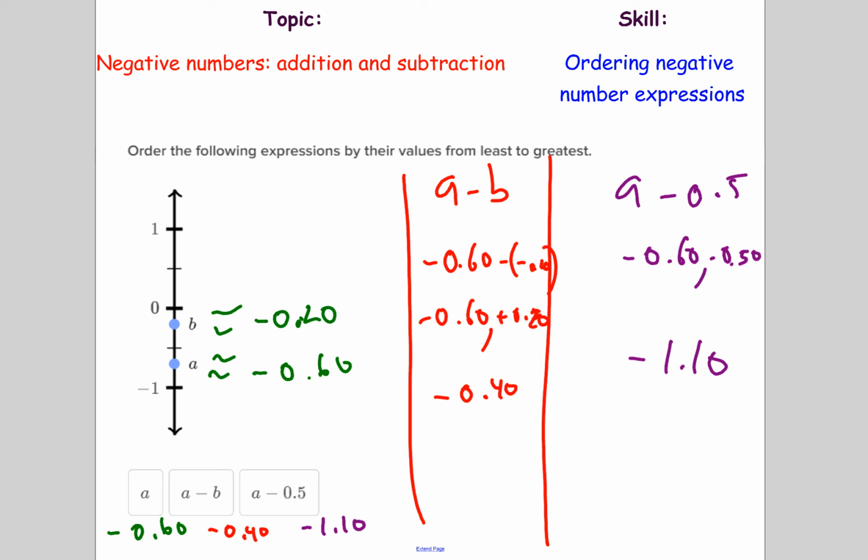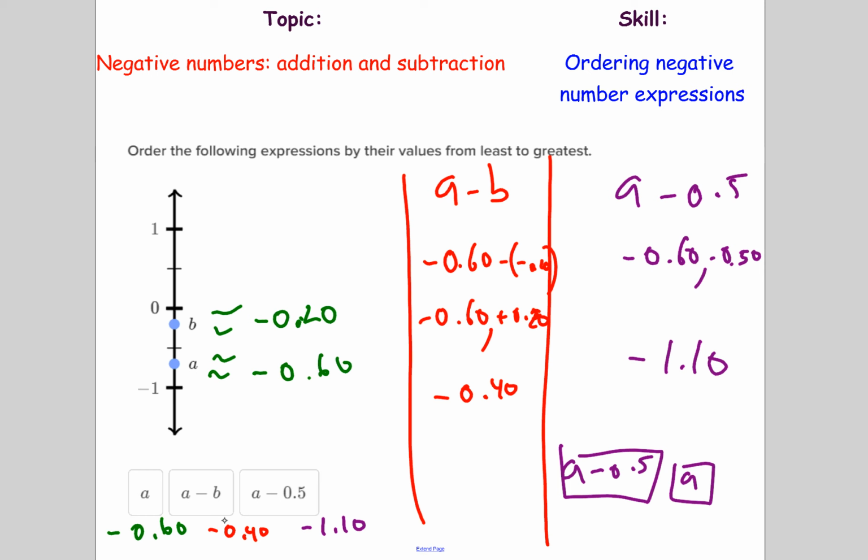So you have these three answers. So which one of them is the smallest? Turns out that one is the smallest. So I would move this card all the way to the left. So in order, the first smallest is A minus 0.5. That card right there. The next smallest is A, which is negative 0.6.